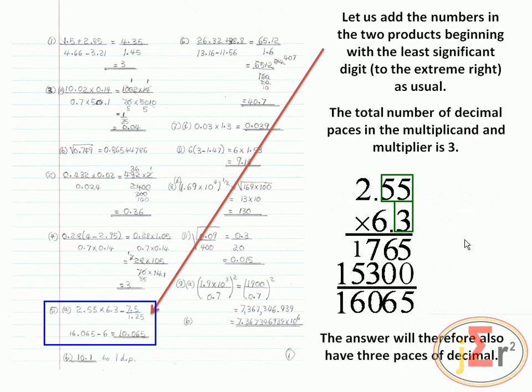The answer will therefore also have 3 places of decimal. So the number of decimal places in the product will be the same as the total number of decimal places in the multiplier and multiplicand together. We have 3 in total. The answer will have 3 decimal places in total.